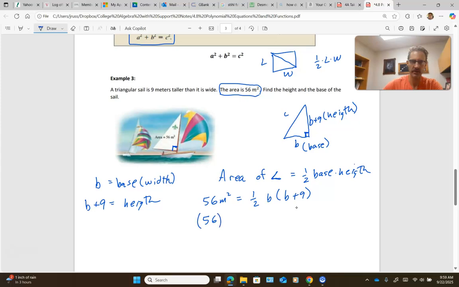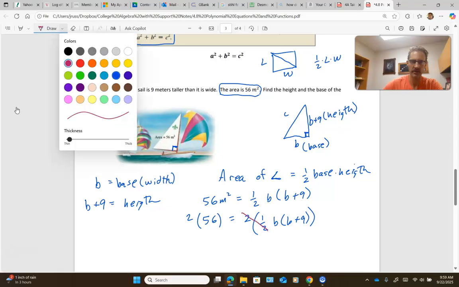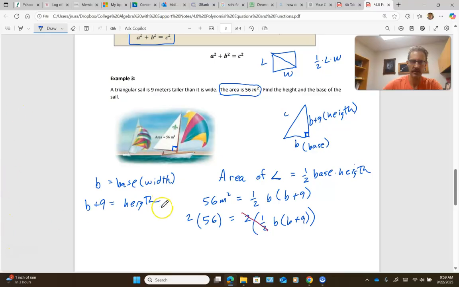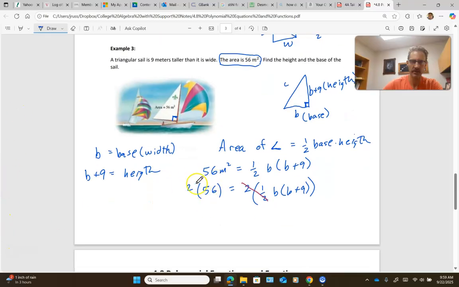If I multiply both sides by 2, 2 times 1/2 is 1, so those will cancel. You can just cross them out. And then 2 over here on the left-hand side, 2 times 56 is 112. So 112 will equal b times b plus 9.